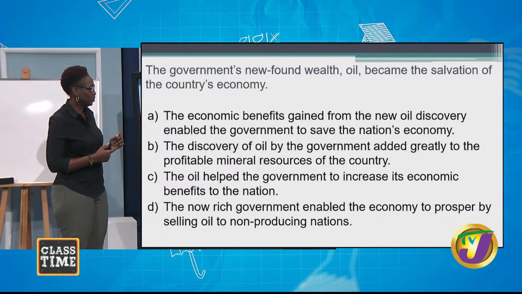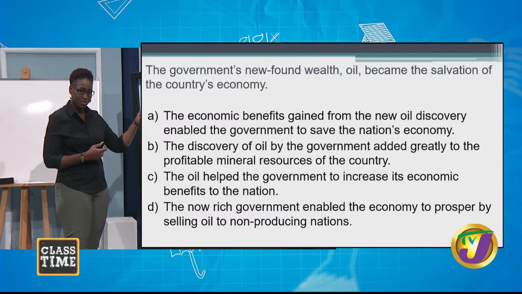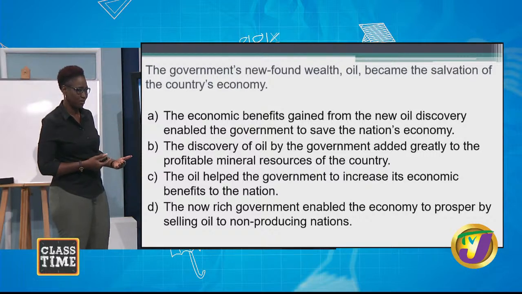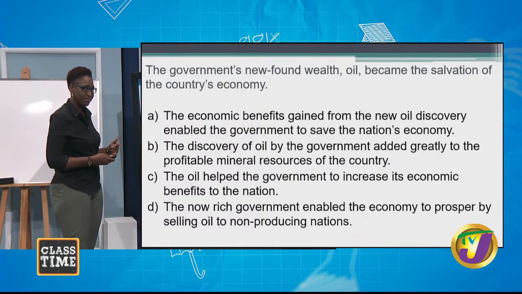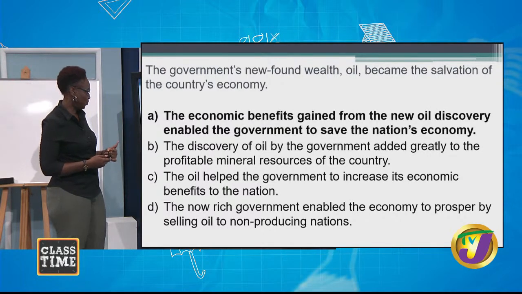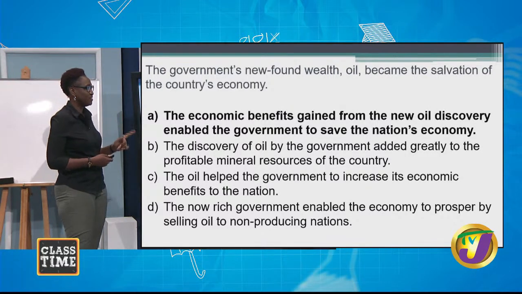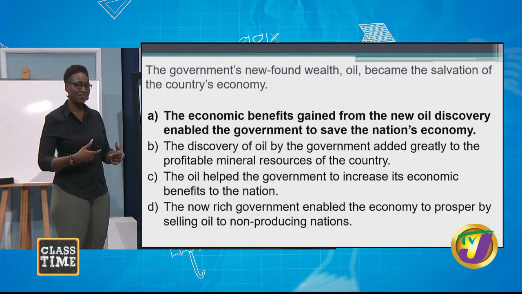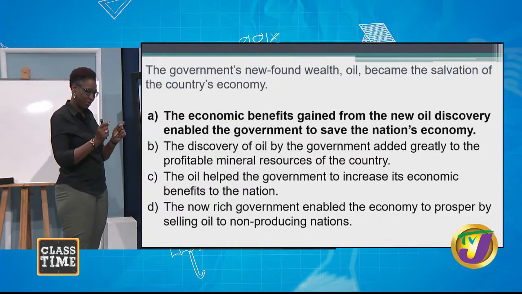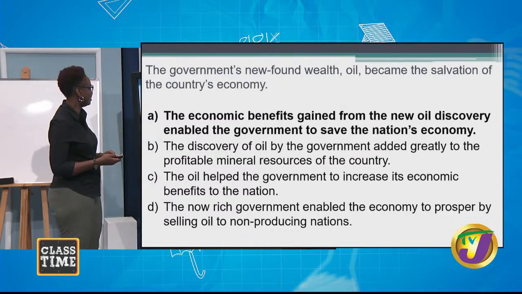You know it's something that is new, you know it's oil, and you know that it's supposed to help the economy, more or less rescue the economy. By now you have an answer, so let's check. Did you say A? I hope you did. The economic benefits gained from the new oil discovery enabled the government to save the nation's economy. Salvation, save. Very close in meaning. All right, let's move on.